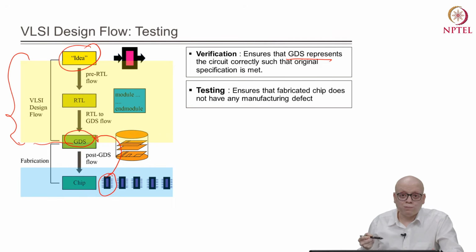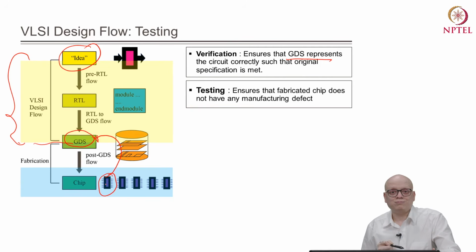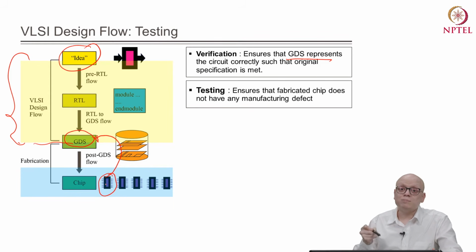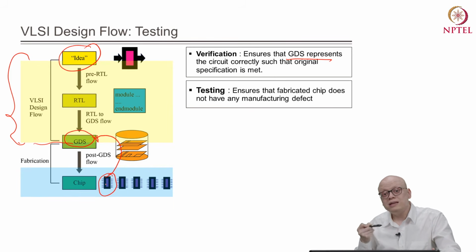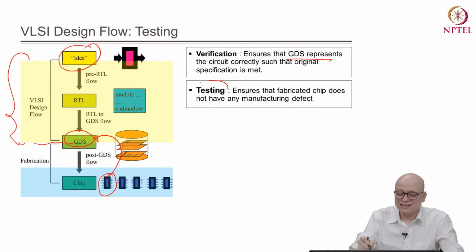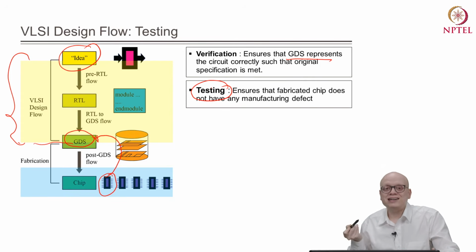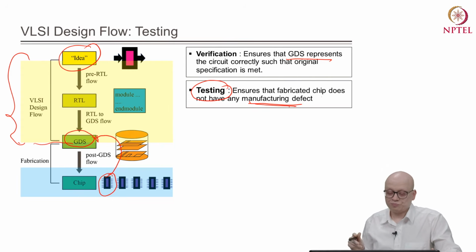So, there can be some problem in creating this chip, right, and how do we catch this? So, we catch such manufacturing introduced defects or problems in our circuit in a step which is known as testing or manufacturing test, right. So, the testing ensures that the fabricated chip does not have any manufacturing defect.